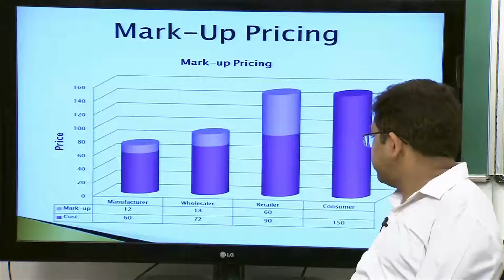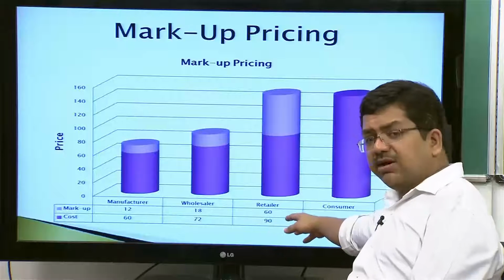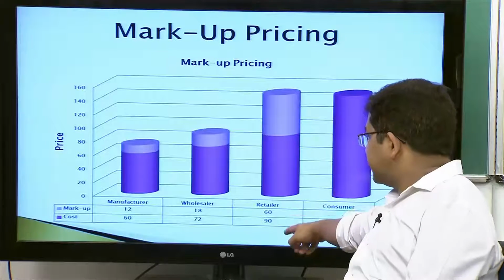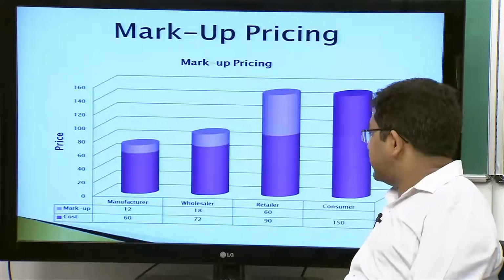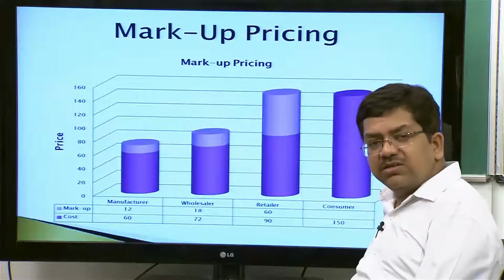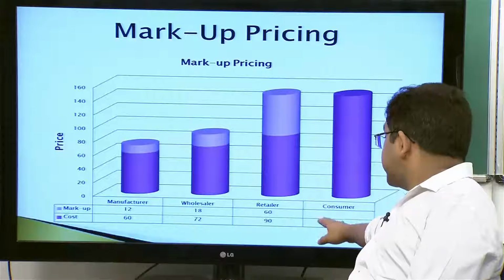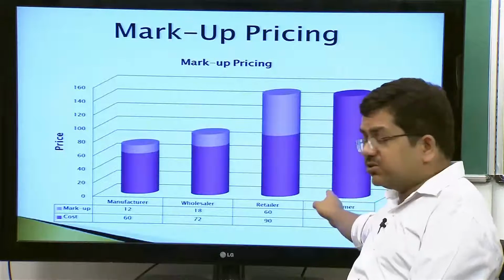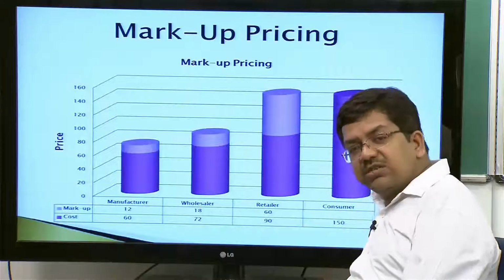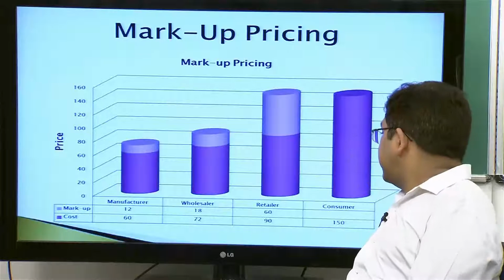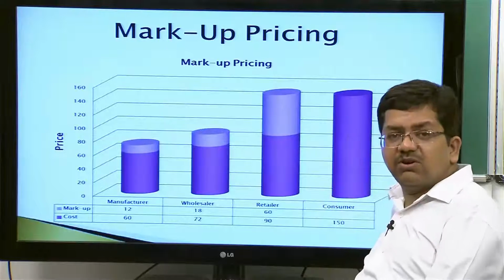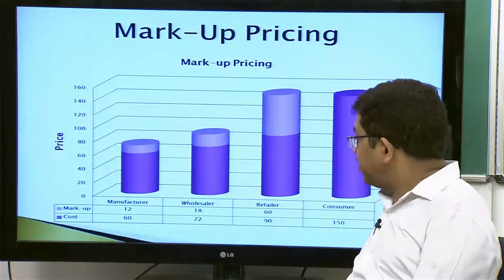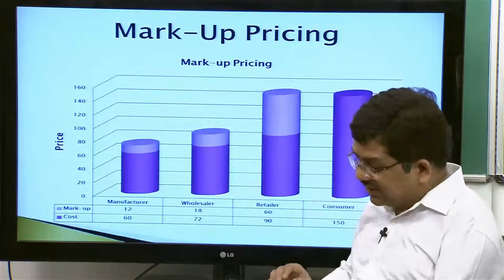Here the markup is 40%, and when you calculate, you can go back and check: if you have a 40% markup here, the absolute markup value comes out to be 60 rupees. So, a product which started from 60 rupees at the manufacturer, by the time it reaches the consumer, costs 150 rupees with this kind of markup pricing, because 3 levels of markup have been added.